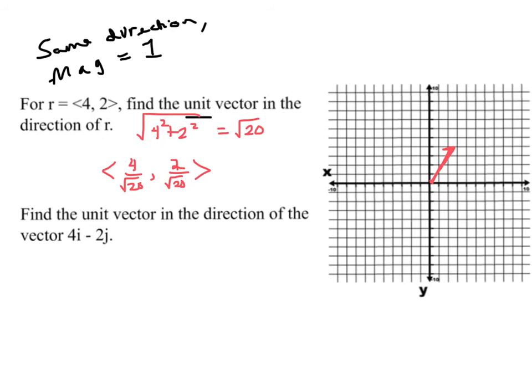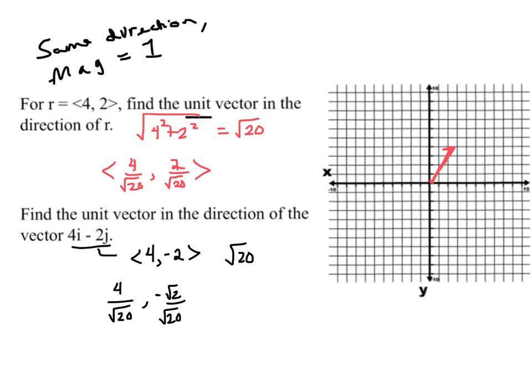Okay. This other one, 4i minus 2j. This is the same as the vector 4, -2. That i and j, that's all that represents. i is an x direction, j is a y direction. So again, this has a length of square root of 20, so you'd have 4 over the square root of 20 and -2 over the square root of 20.